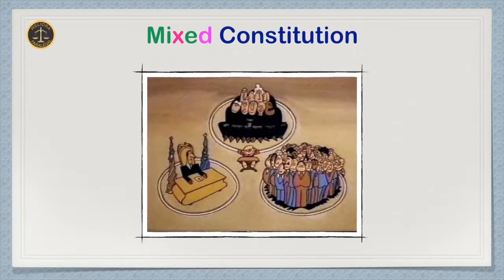Next, mixed constitution. The British Constitution is a clear mixture of the monarchical, aristocratic, and democratic principles. The institution of kingship shows that there is a monarchy in England.